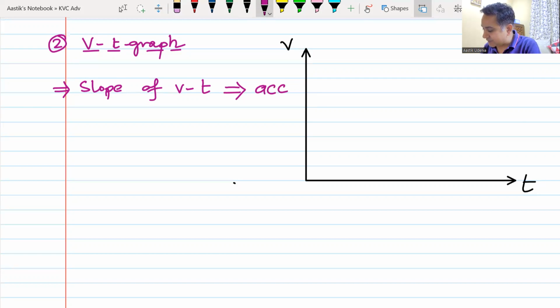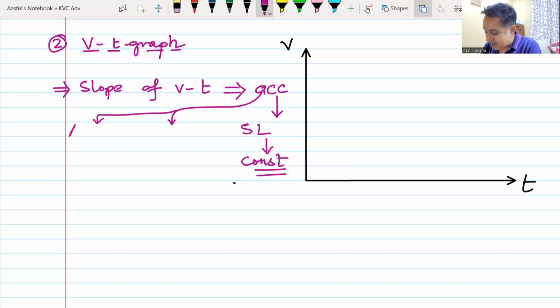Well done, my dear friend. Now, if this graph is a straight line, the acceleration would be uniform or constant. Do we understand this? Yes or no? Now I can also find average acceleration from here, and I can also find instantaneous acceleration from here.